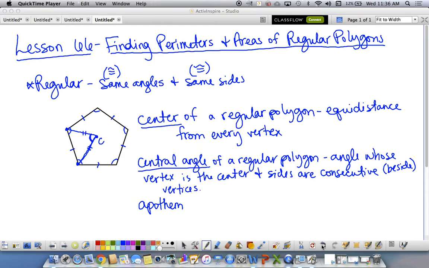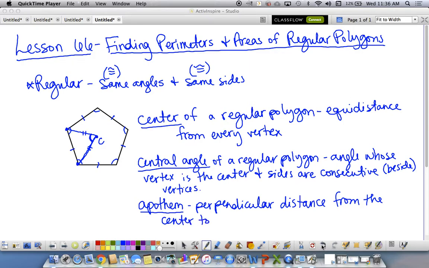It will be the perpendicular distance from the center to a side of a regular polygon.